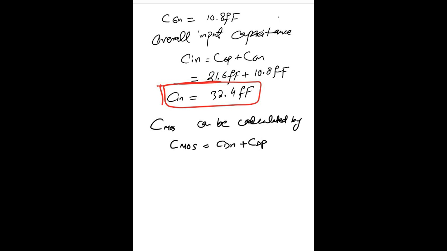Here, this CDN value, we have to solve separately, CDN and CDP separately. First we solve this for the PMOS junction capacitance.